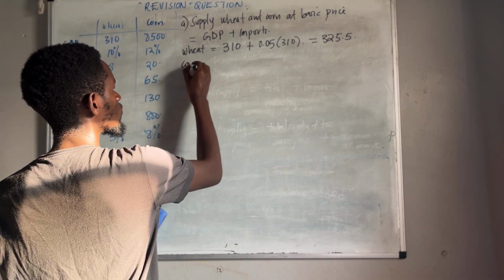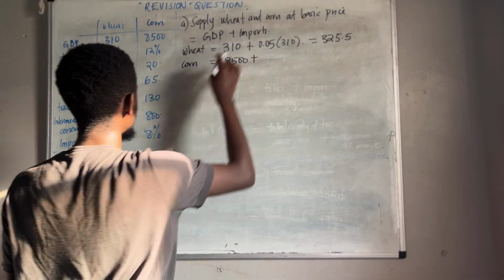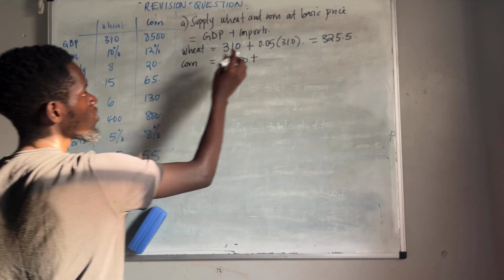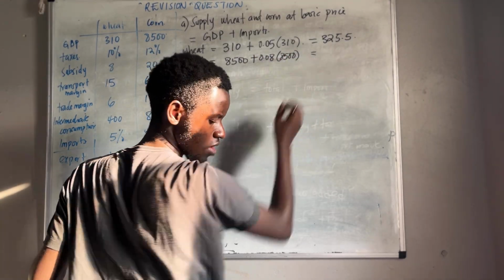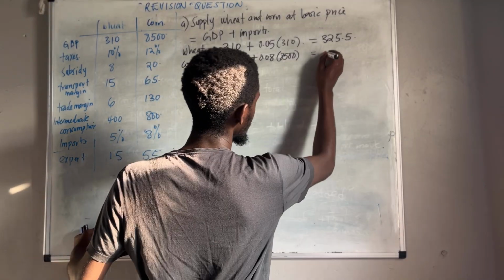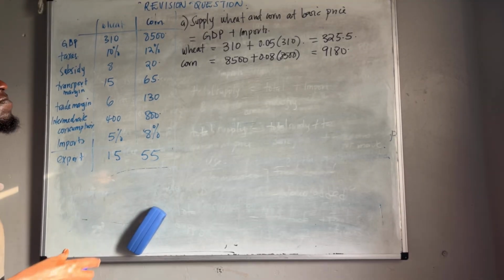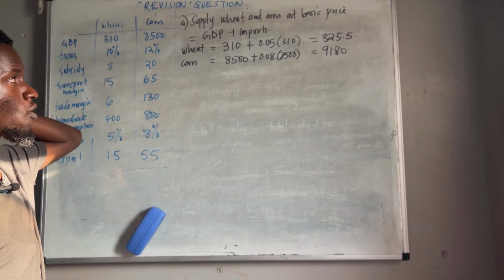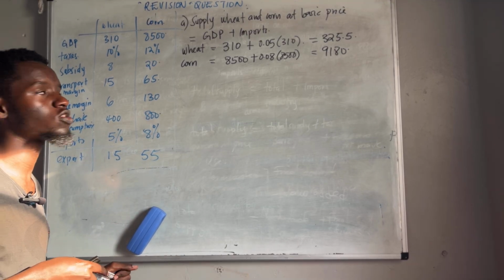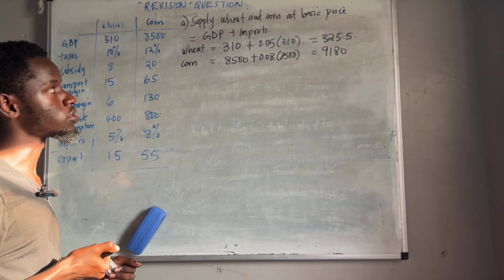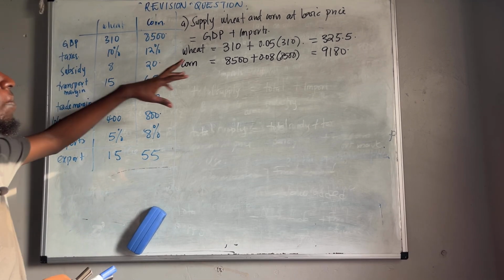Then for corn, likewise, it is 8500 plus imports, which is 8% of this value, 0.08 of 8500. Our answer is going to be 9180. I'm getting this supply of wheat and corn at basic price from the supply table, where total industry, which is our GDP at basic price, plus imports.